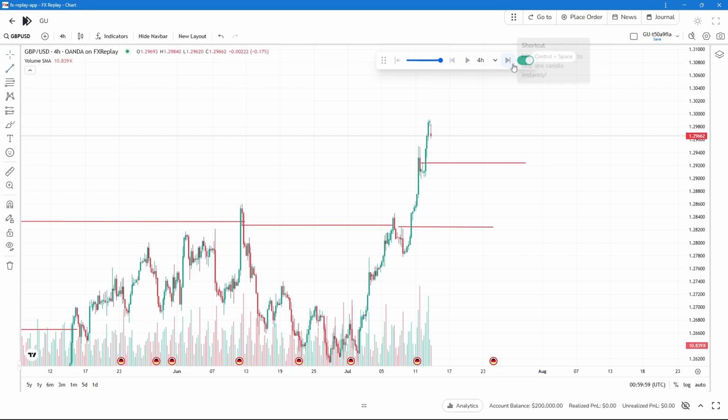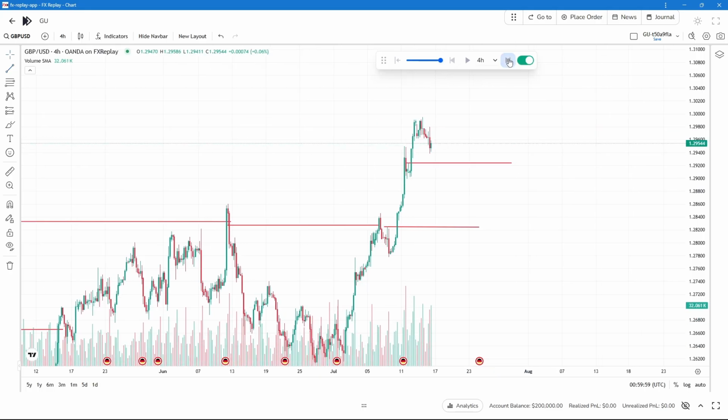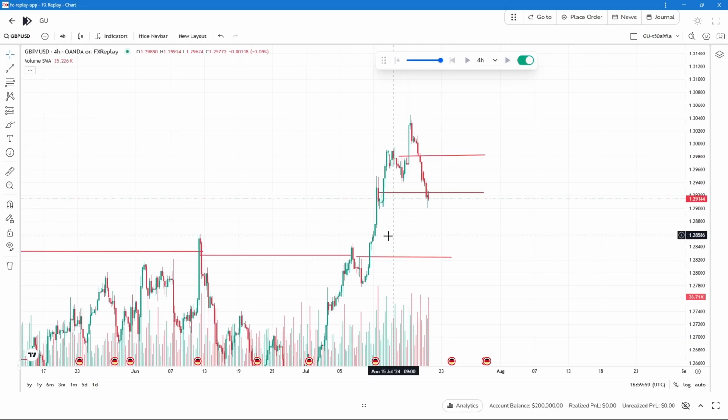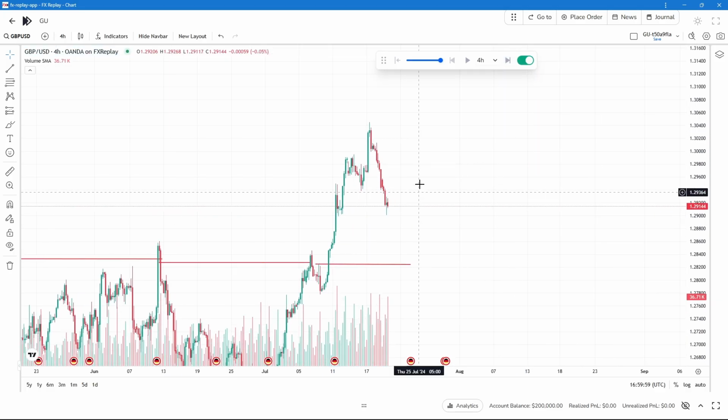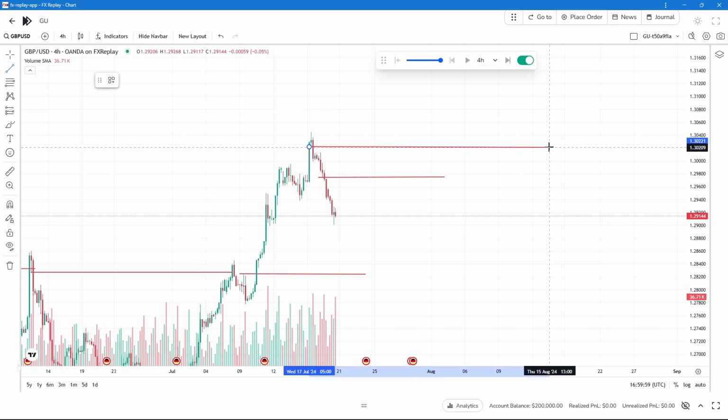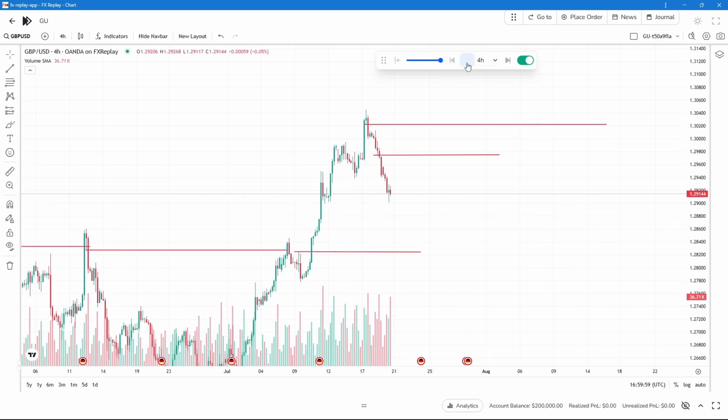So here we go. Imbalance. There's some more imbalance. Let's see if we can start filling these off. There we go, starting to fill these. Then obviously we are leaving imbalance to this side and here to the extreme. So let's see what happens.